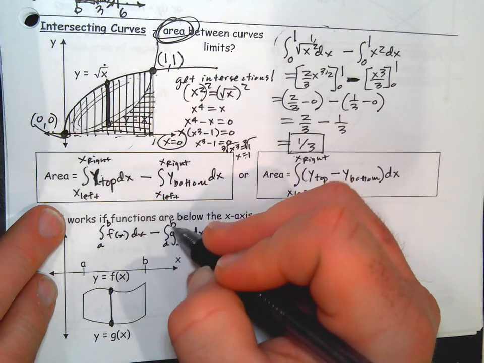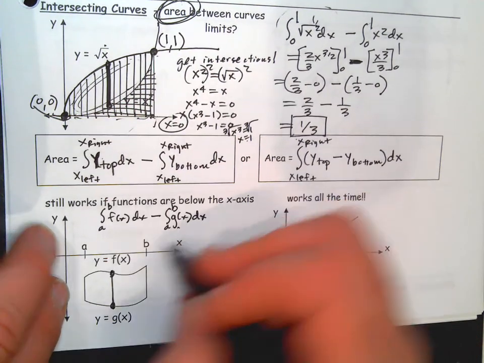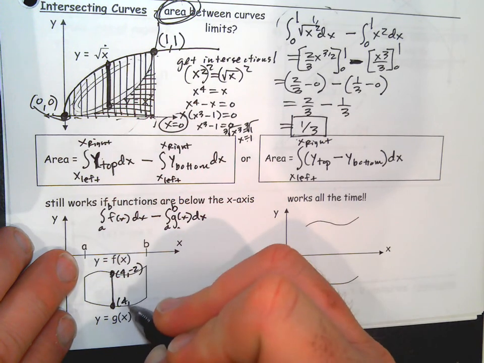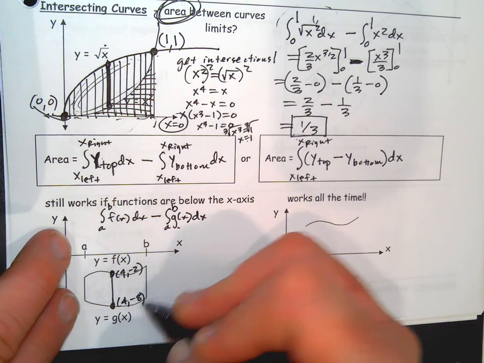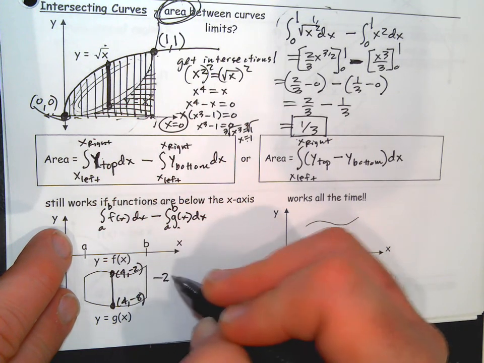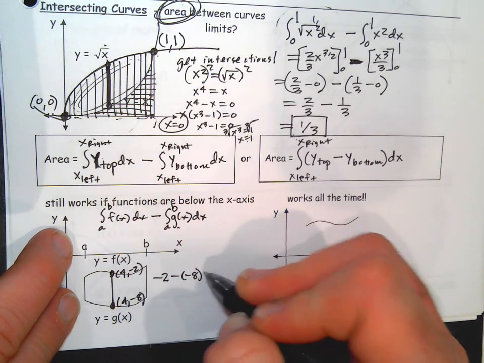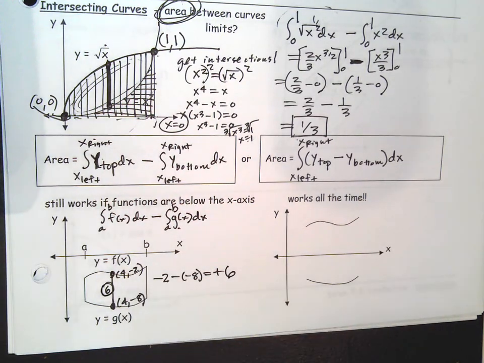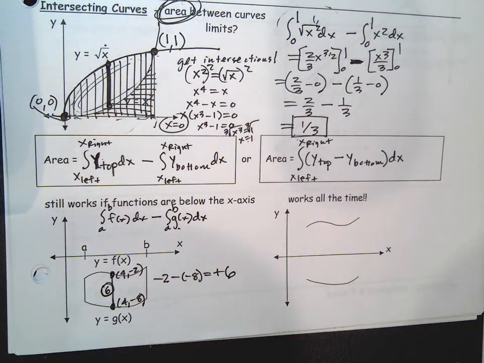Just as an example, what if the coordinates of this were 4, -2, and the coordinates of this were 4, -8? If you were to do the top curve, -2, minus the y value of the bottom curve, you would get +6. It's going to give you a positive height for your rectangles. You're going to get a positive answer, even if they're both negative.